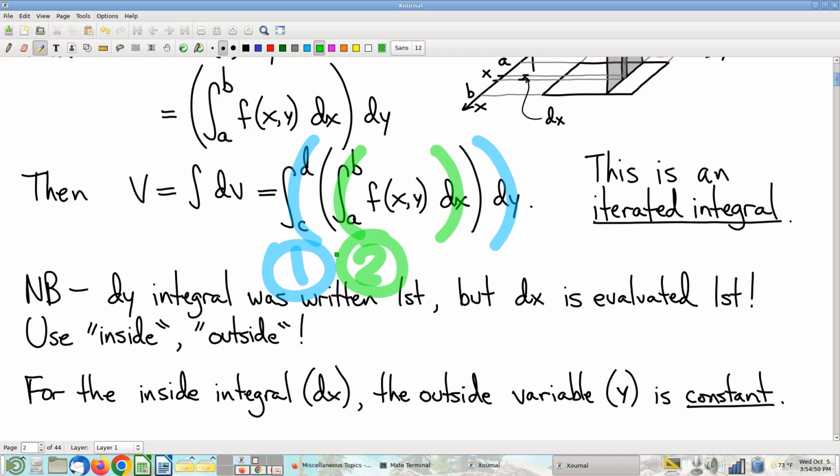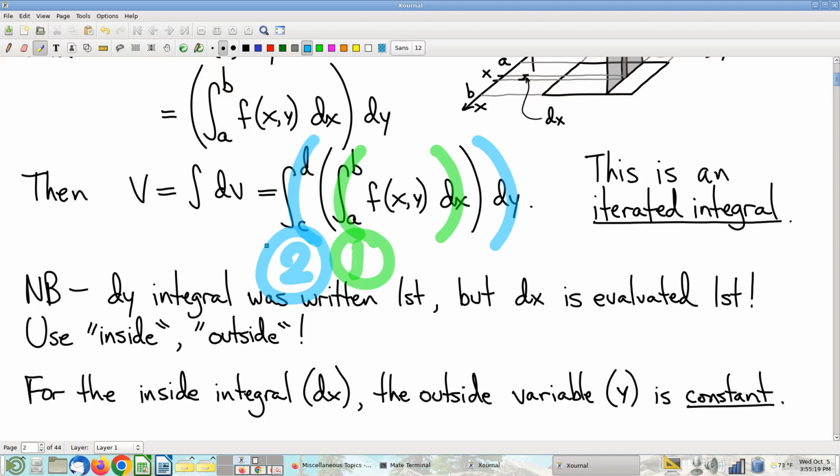Here's the problem. When you start to compute this, you can't compute the dy integral first because we don't know its integrand yet. Its integrand is the dx integral that we haven't computed yet. So you have to compute the inside integral first, and only then can you compute that dy integral second.